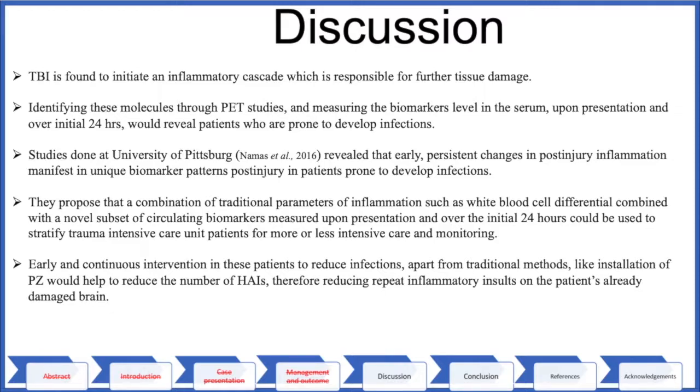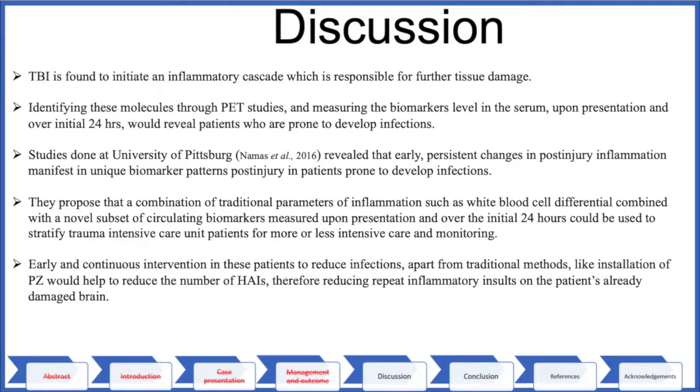This study was done at the University of Pittsburgh in 2016, where they say early and persistent changes in post-injury inflammation manifest in unique biomarker patterns. The way the biomarkers increase in the initial 24 hours predicts which patients can be infected with hospital acquired bugs, which patients are prone to develop infections, and that way we can be proactive in managing those patients.